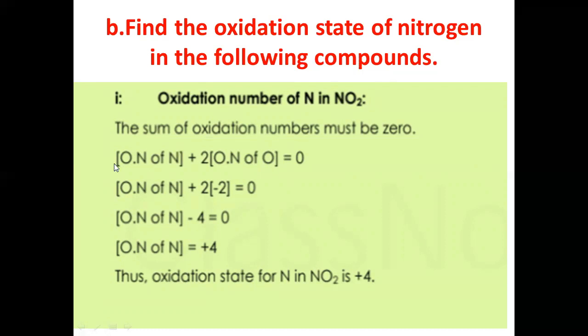We write oxidation number of nitrogen plus 2 in bracket oxidation number of oxygen, and the sum must be 0. One oxygen is -2, multiplying by 2 gives -4, and when we shift -4 to the other side of the equality sign, it becomes +4. So the oxidation state of nitrogen in nitrogen dioxide is +4.